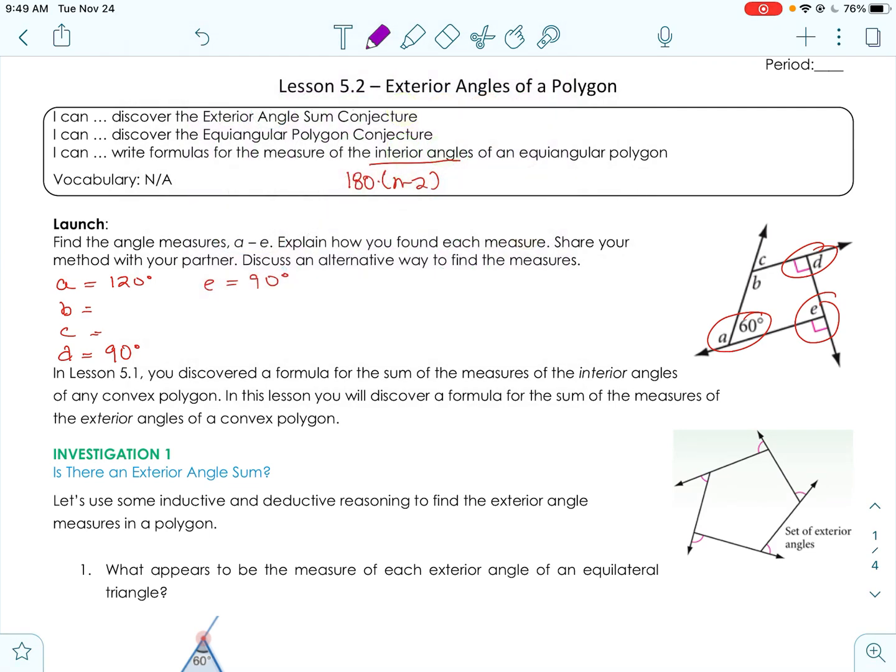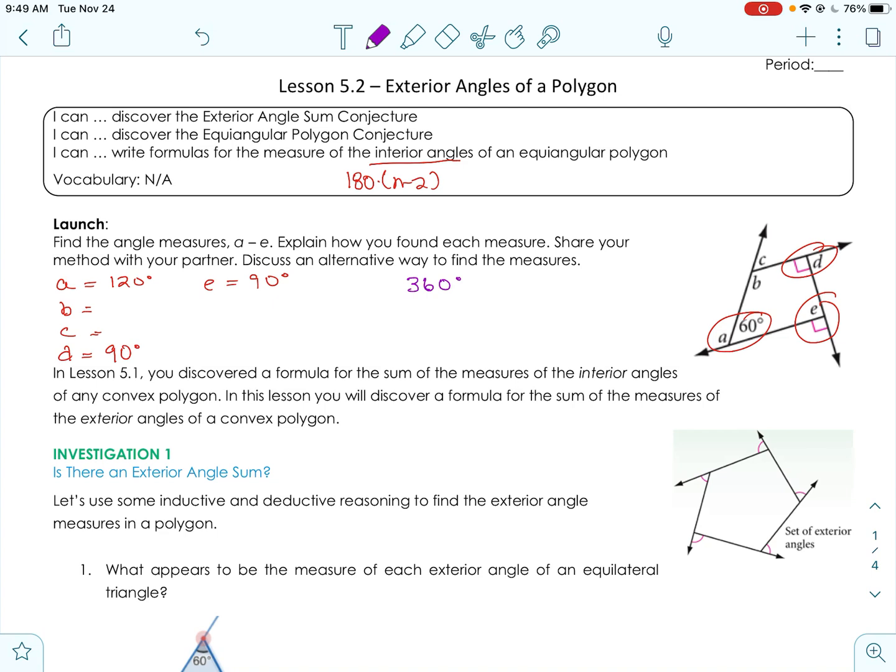The first thing we would need to know is how many degrees are in this entire four-sided shape, a quadrilateral. From the previous lesson, the quadrilateral sum conjecture said that there are 360 degrees in any quadrilateral.